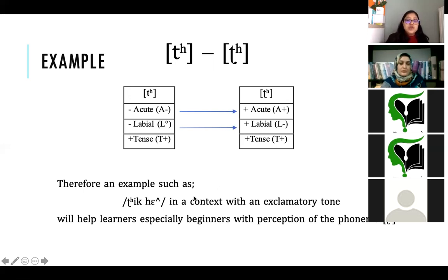Therefore, an example such as TK in a context with an exclamatory tone would be considered to help them in their perception of the phoneme t.